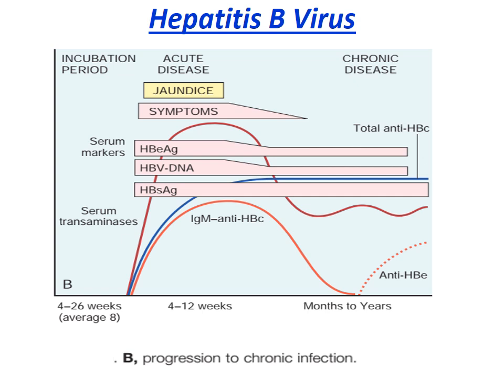Here, in the progression to the chronic infection, again you can see serum markers, but what's the difference? We can see the HBe antigen, the HBV DNA, and HBs antigen which are present in the acute phase. They are still present in the chronic disease phase.